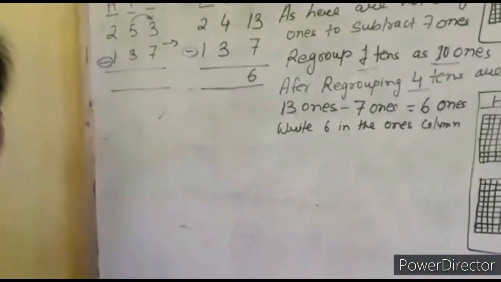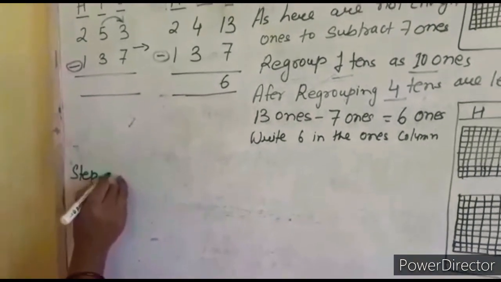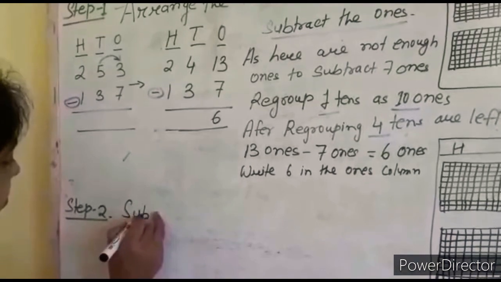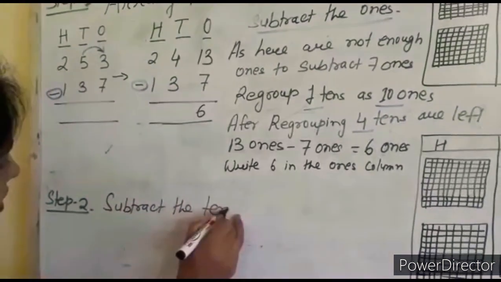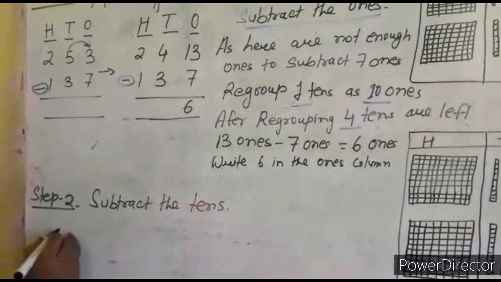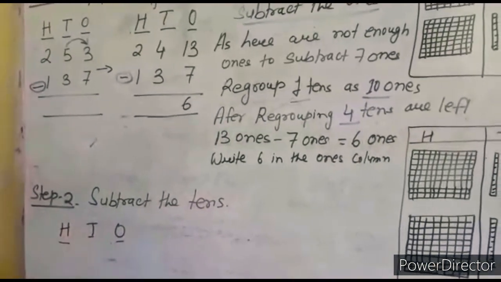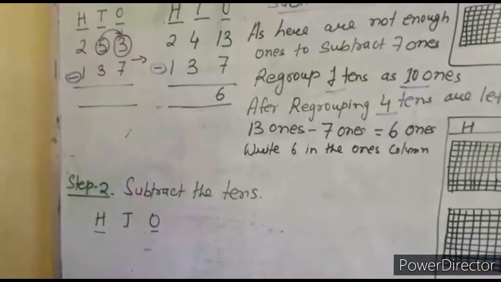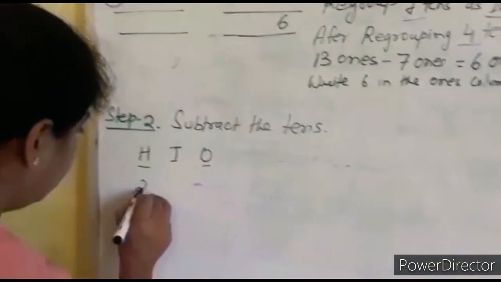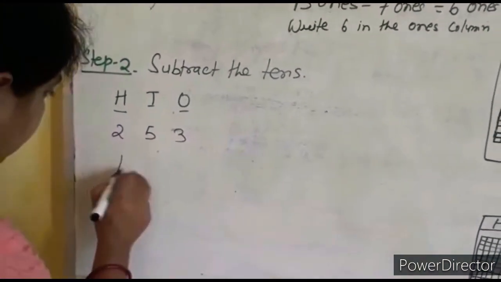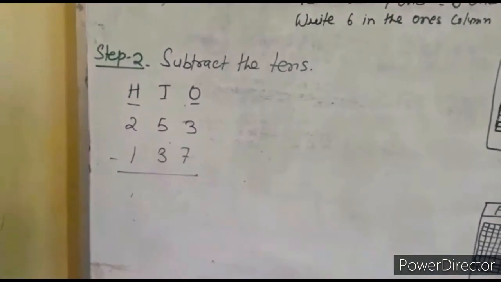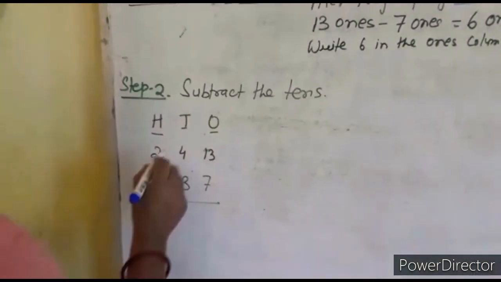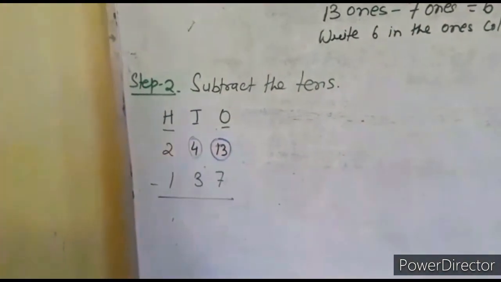Now in step 2, subtract the tens. We will again write here in column form, 253 and 137, with 4 and 13 after regrouping.